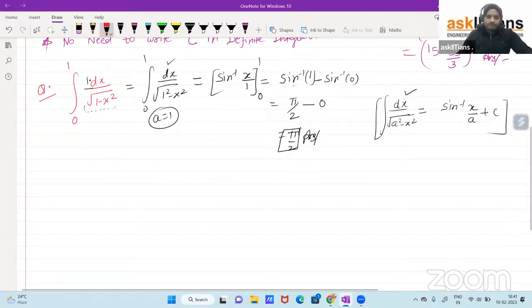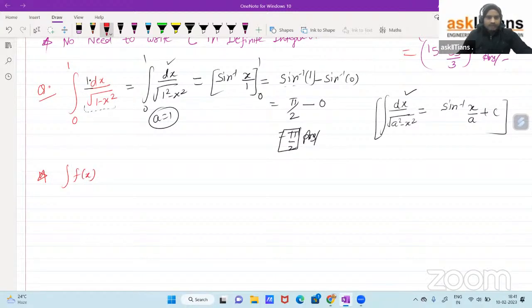Now, one important thing. Suppose you are calculating the integration of f(x) from a to b. There is one important point: this function f of x must be continuous in a to b.